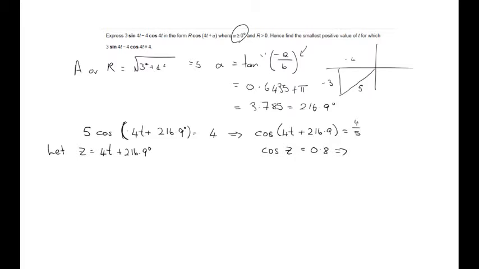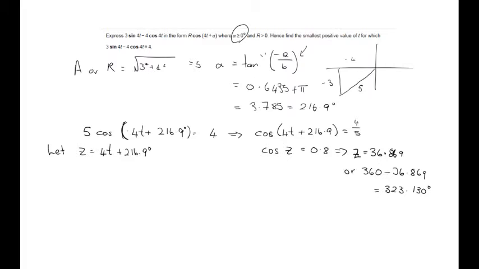So z itself is going to be 36.869, and I suspect that actually that'll be too small, so we need to look at the next one, or 360 minus this, which is what, 323. So now we've got a value for z.